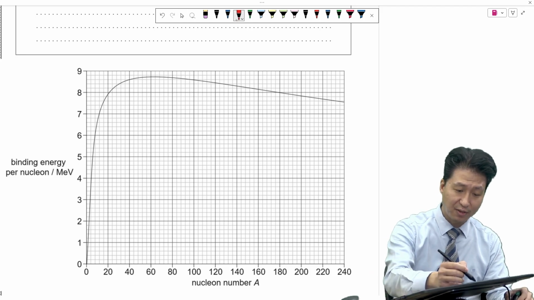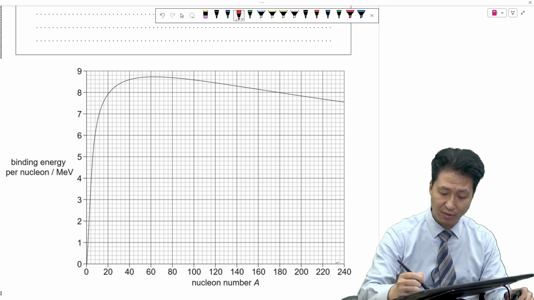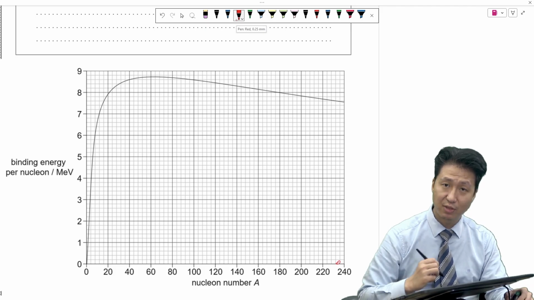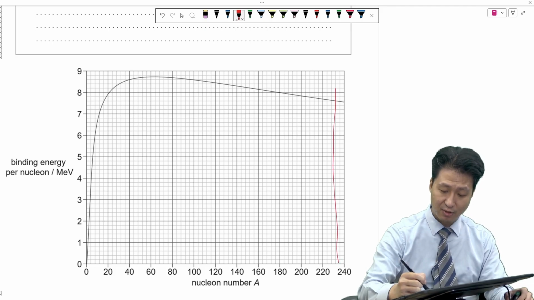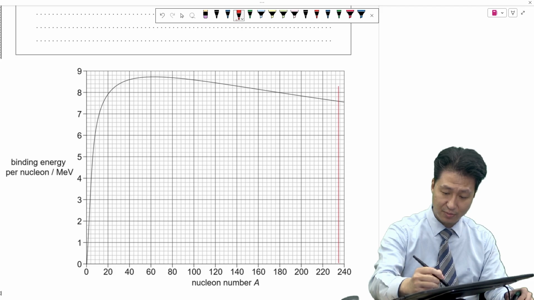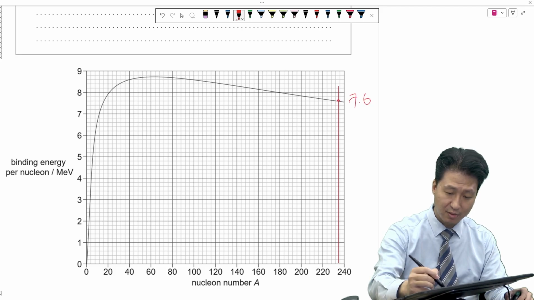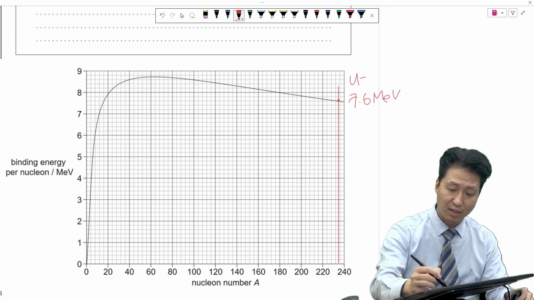And we will find the binding energies per nucleon of each of these 3 elements. So first, let's look for the binding energy per nucleon of uranium-235, which will be around here in the graph. So I'll draw a vertical line upwards, and where it intersects at around 7.6 megaelectron volts would be the binding energy per nucleon of uranium-235.